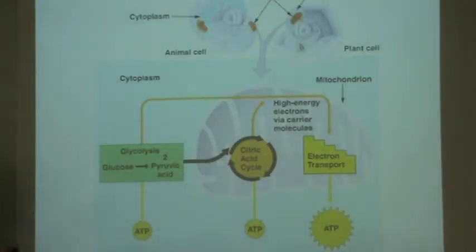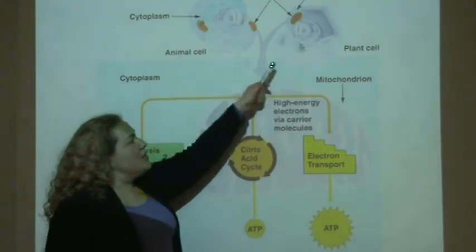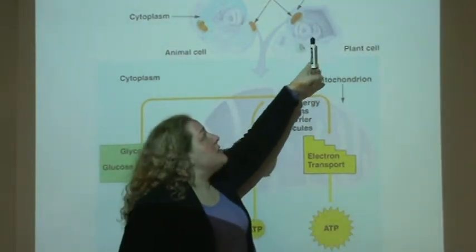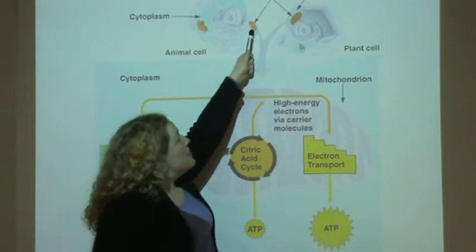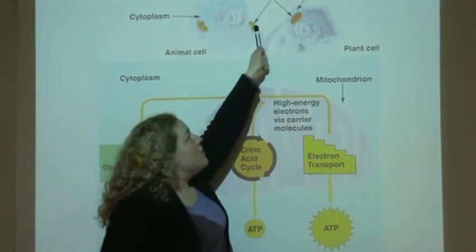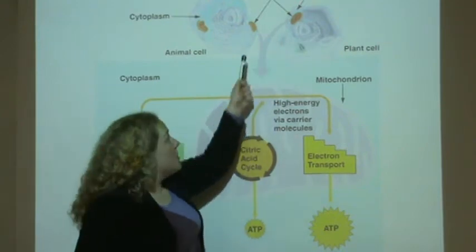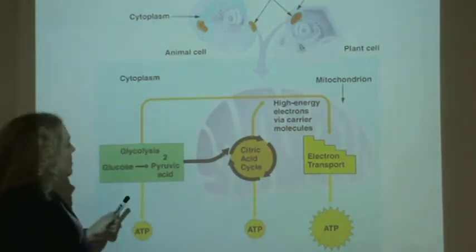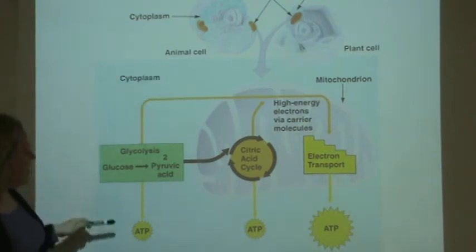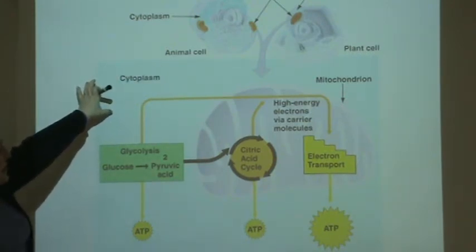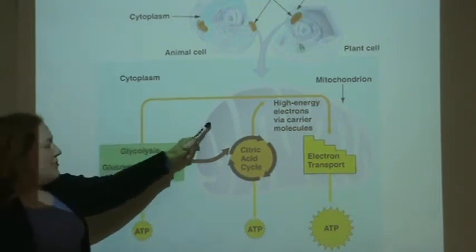Also recall that for both animal cells and plant cells, both of those cell types do aerobic respiration. And both of those cell types mostly complete the work of aerobic respiration in the mitochondria, which is an organelle. So here we have a cartoon of the mitochondrion, and the blue background, which is hard to see, is the cytoplasm surrounding the mitochondrion.